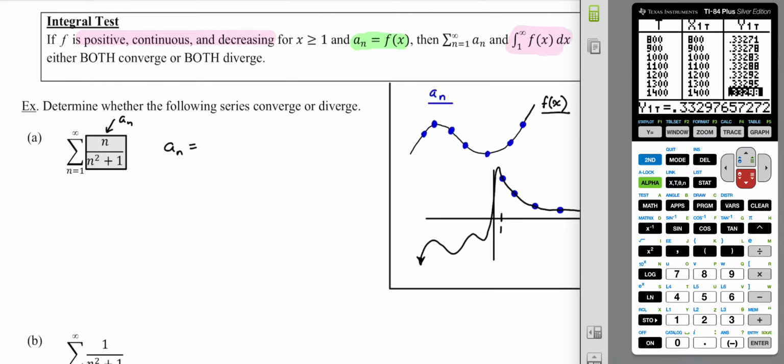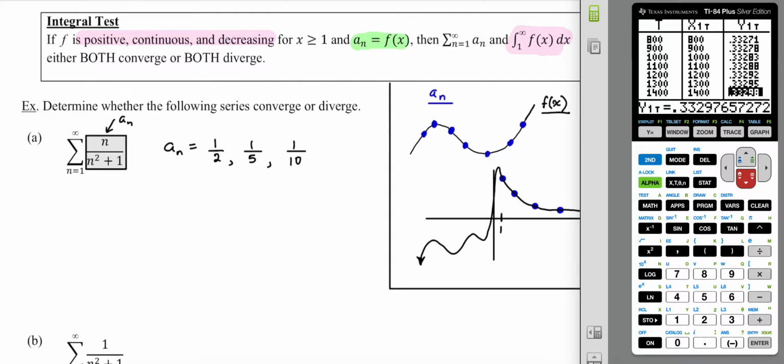We'd have 1 over 1 squared plus 1, so 1/2. 1 over 2 squared, 4 plus 1, 5. 1 over 3 squared plus 1, sorry. 3 squared is 9, plus 1 is 10. Once you get a sense of the general trend here, it gets a lot easier.